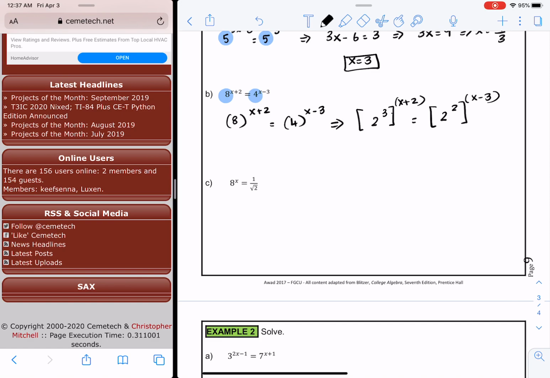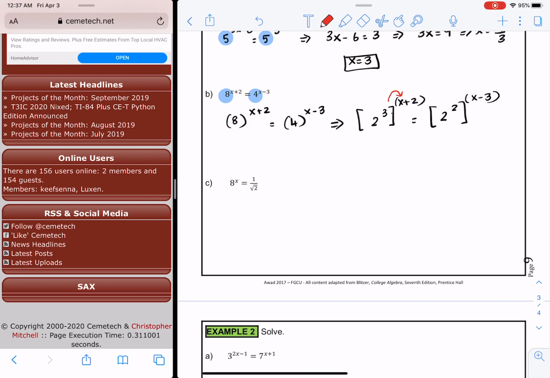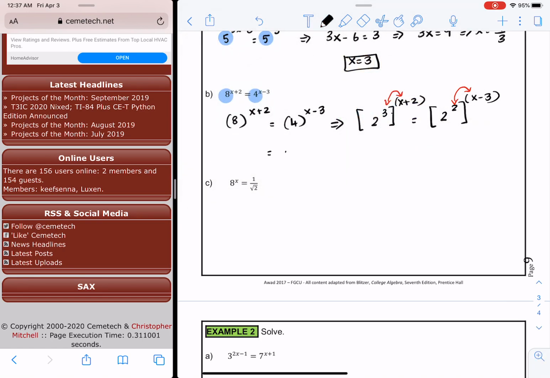Using the properties of exponents, we could multiply those two terms and those two terms. So we have 2 raised to 3 times x plus 2 equals 2 raised to 2 times x minus 3.